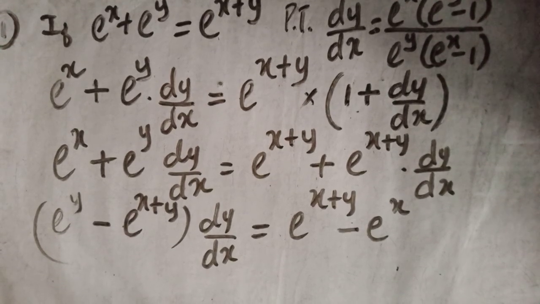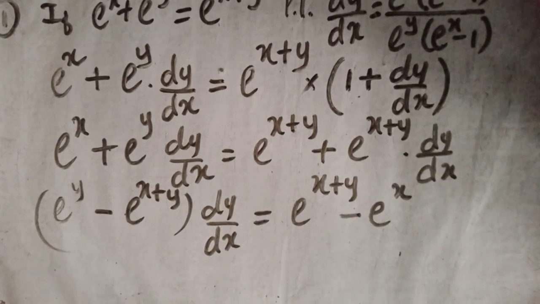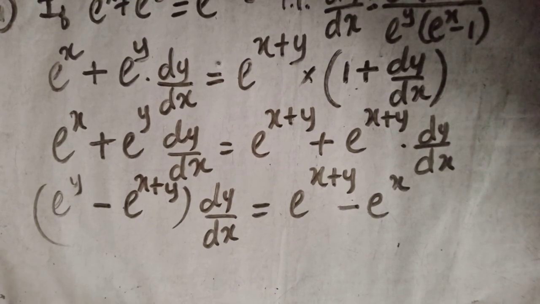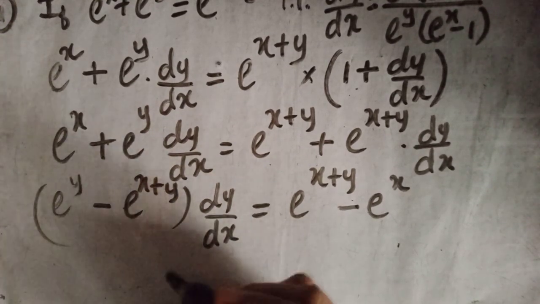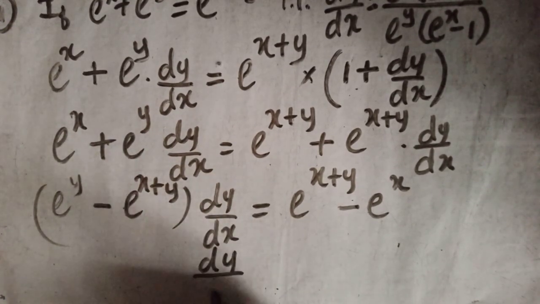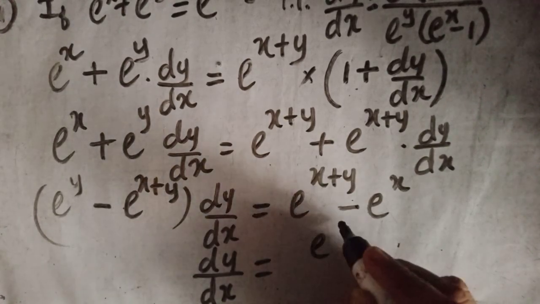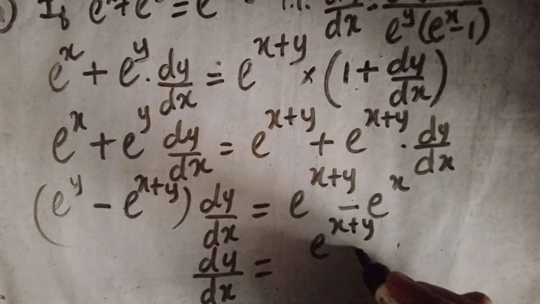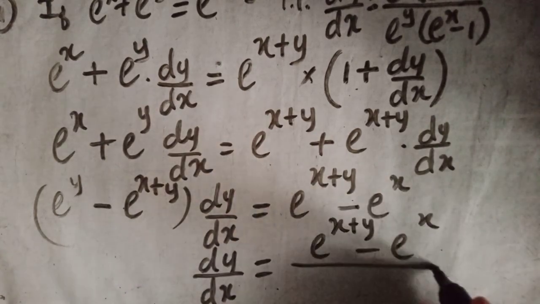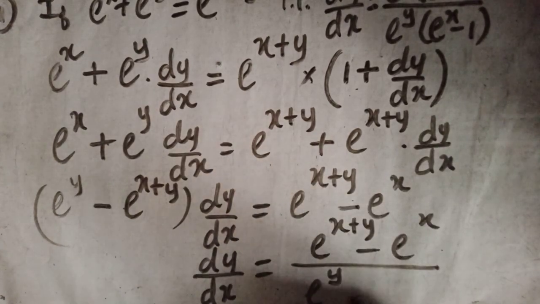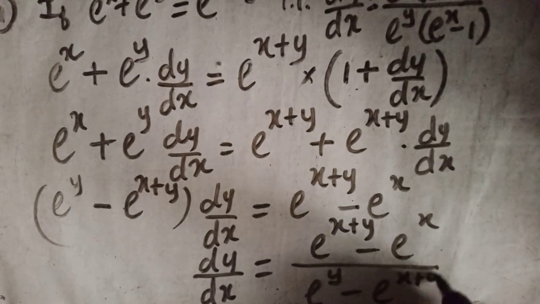So dy by dx is e raised to x plus y minus e raised to x upon e raised to y minus e raised to x plus y.